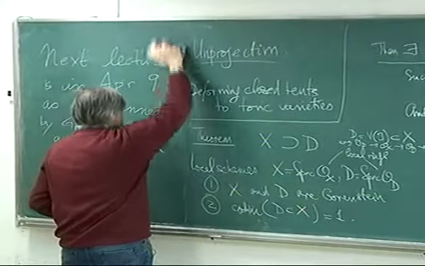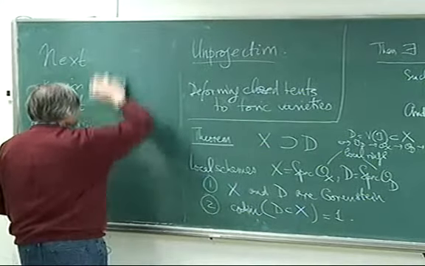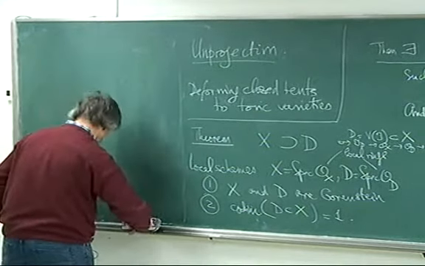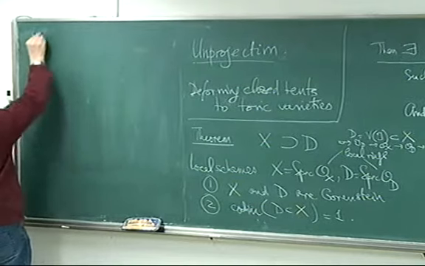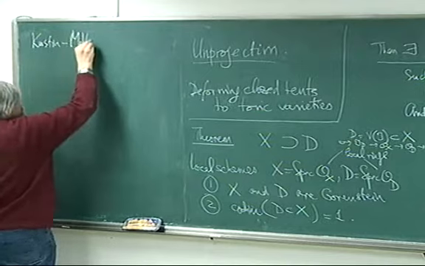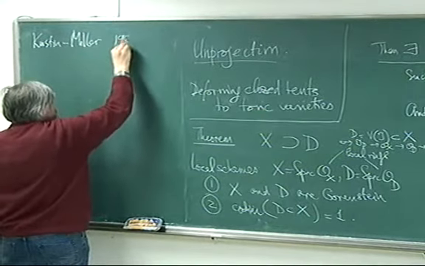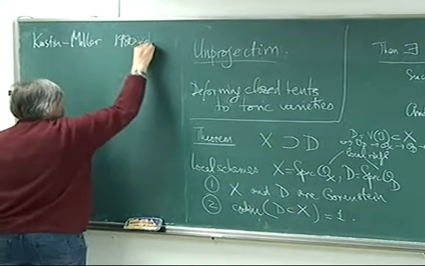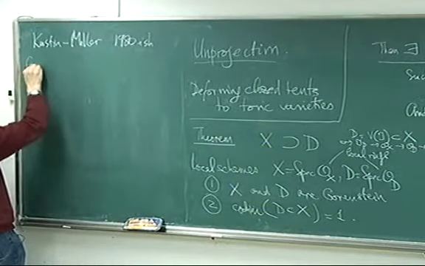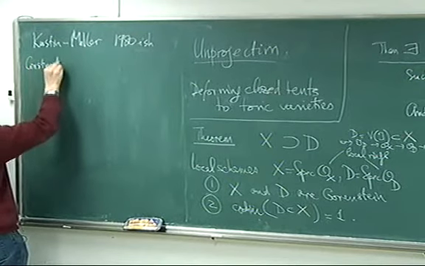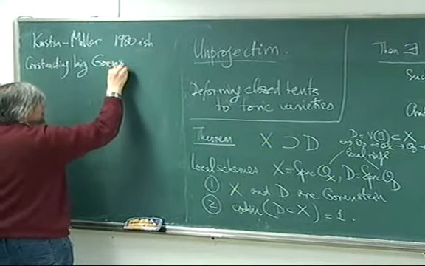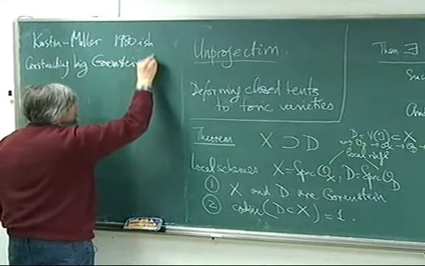The thing I want to emphasize is this is a very, very general statement in commutative algebra. It was done by Kustin and Miller around 1980-ish in a paper called, I think, something like "Constructing big Gorenstein ideals from smaller ones."